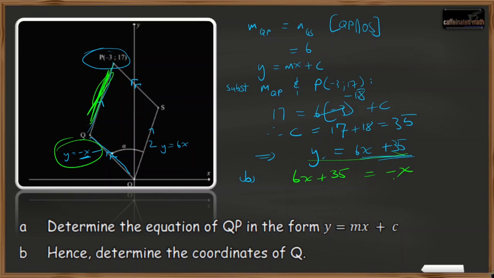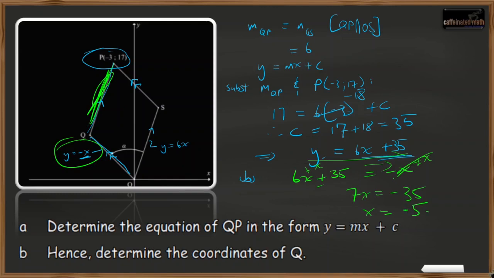Add x on both sides. That zeroes out, that's x. So we have 7x being equal to, of course, negative 35, because I'm going to transpose that value to the other side. So x is minus 35 divided by 7, which gives us minus 5.